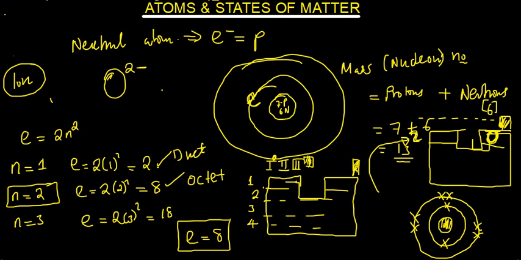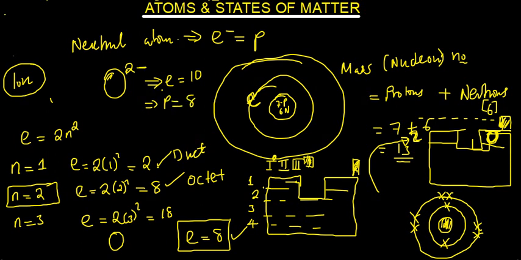So oxygen that has a charge is different from oxygen without a charge, because remember, this oxygen has gained 2 electrons. So of the 8 electrons that it was supposed to have, it now has 10 electrons. But the number of protons has not changed; they are still 8.